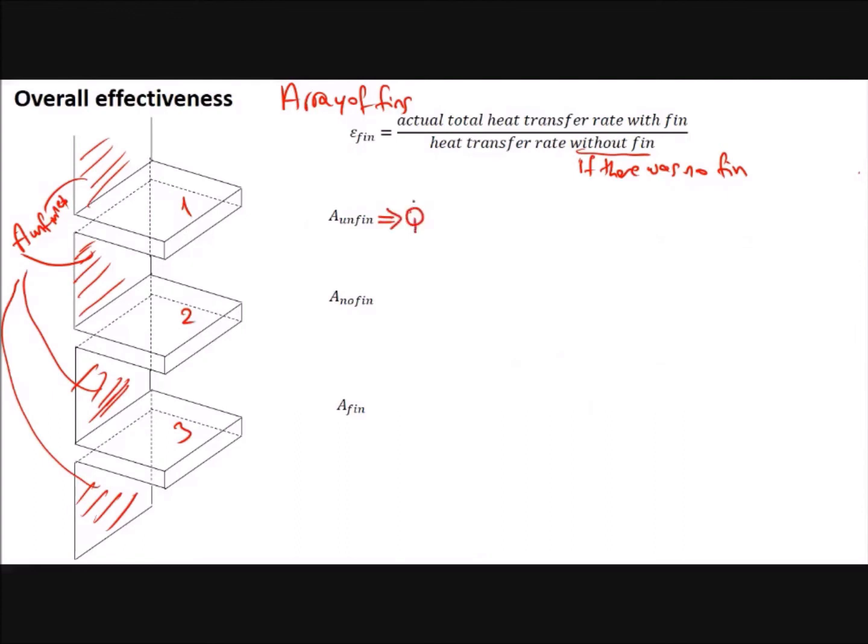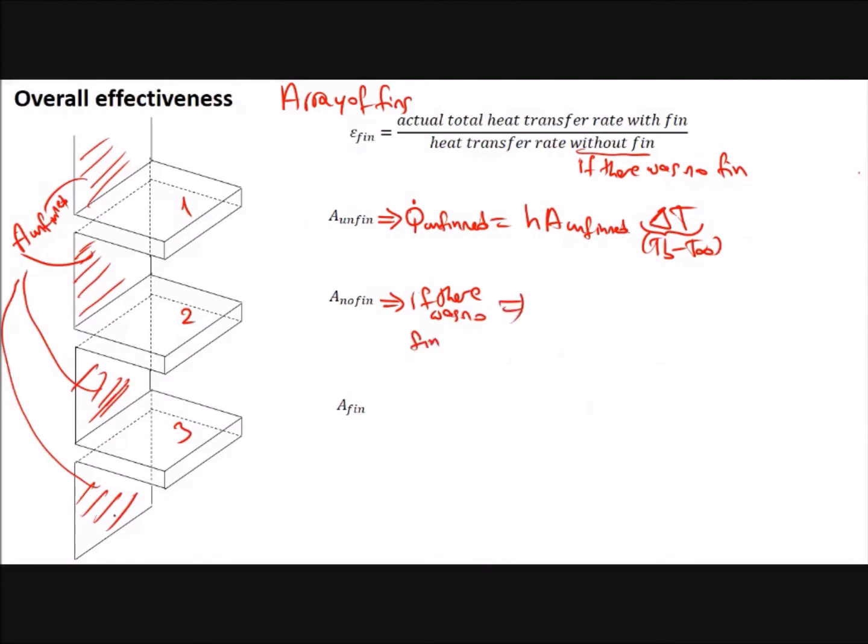So Q dot unfinned will be equal to h times A unfinned times delta T, or T base minus T infinity. This is the definition of delta T. Area no fin is if there was nothing, if there was no fin.